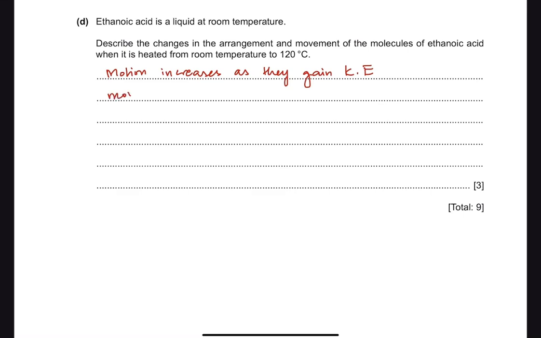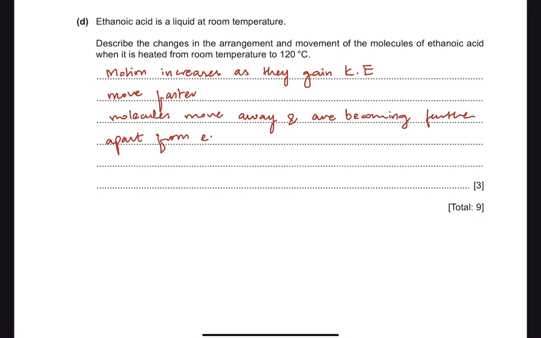Since they were liquid, few molecules were touching each other, but now they are not touching at all. So molecules move away and become further apart from each other.